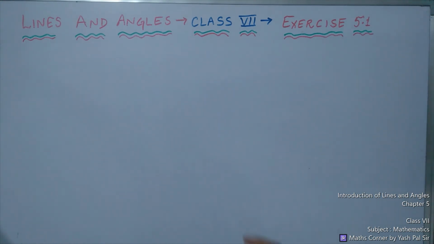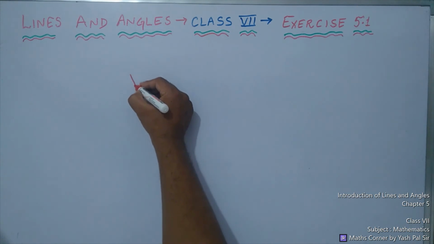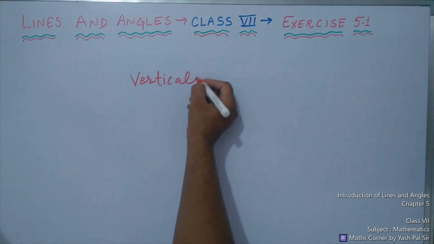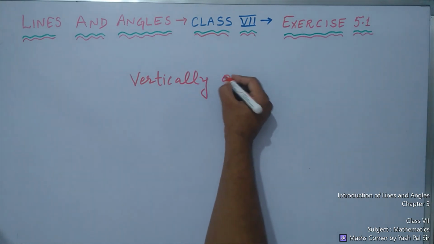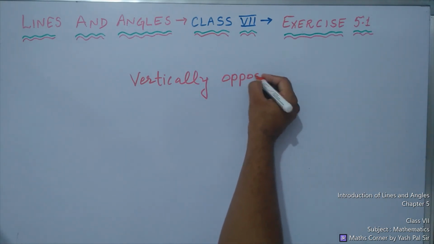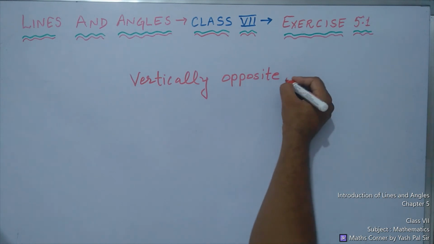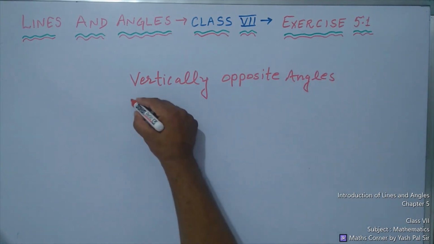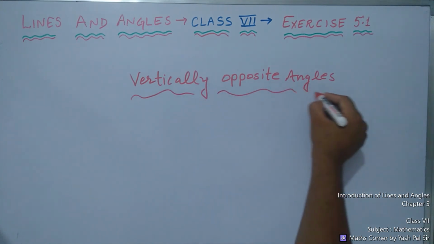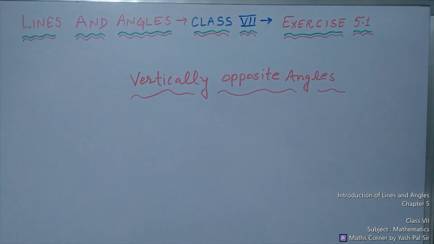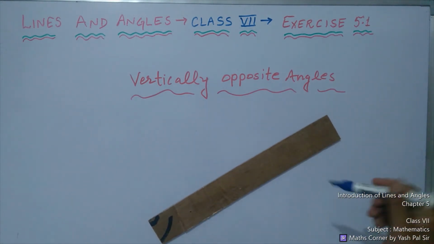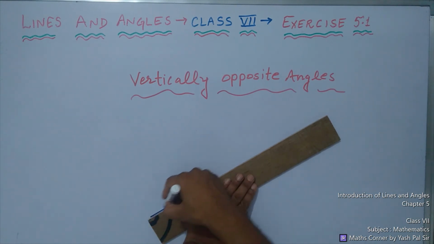Our next part is vertically opposite angles. What are vertically opposite angles, right? So here in order to find the vertically opposite angles, first of all we make one line.